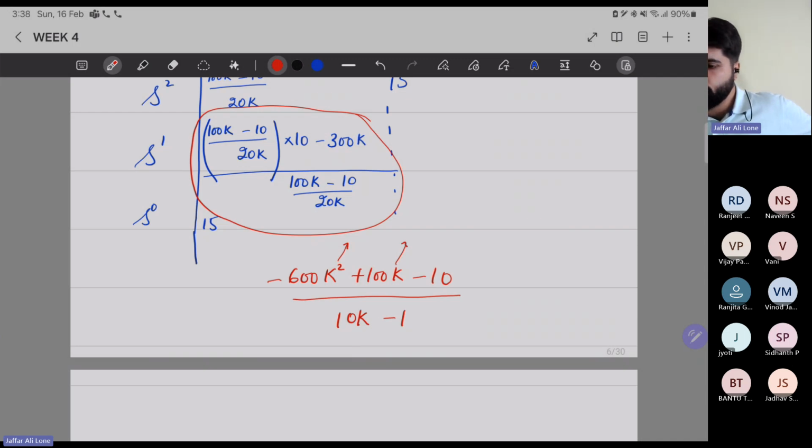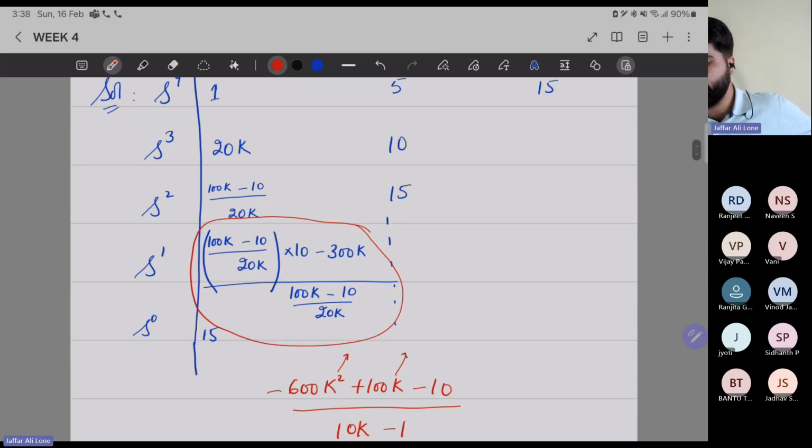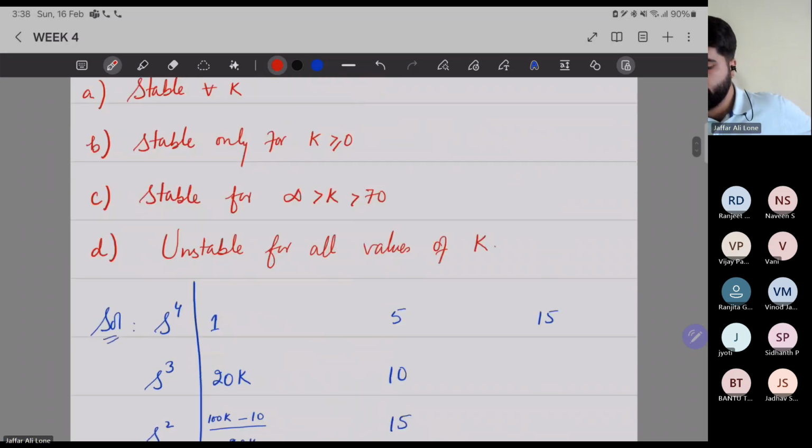So when this term is always negative, what does it mean? Now, can anybody tell me which option is correct? When it is always negative, we can at least guarantee that there is one pole in the right half plane. So unstable for all values of k. Yes.